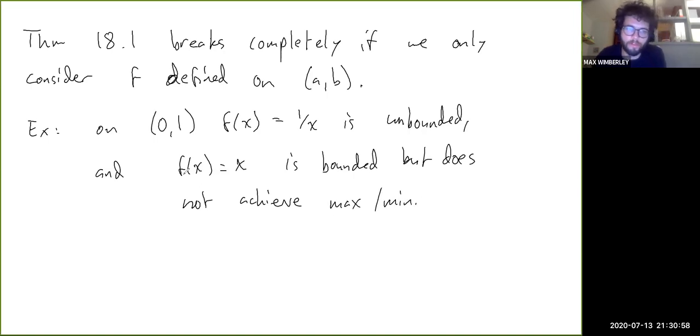Because the supremum of the values of f of x equals x on this interval is just 1, and the infimum is 0, obviously, but it never actually achieves those values on the open interval because those points are deleted from the domain. So don't assume that just because you're looking at an interval of finite length that a continuous function has to be bounded or has to achieve a max or a min. It may do none of those things.